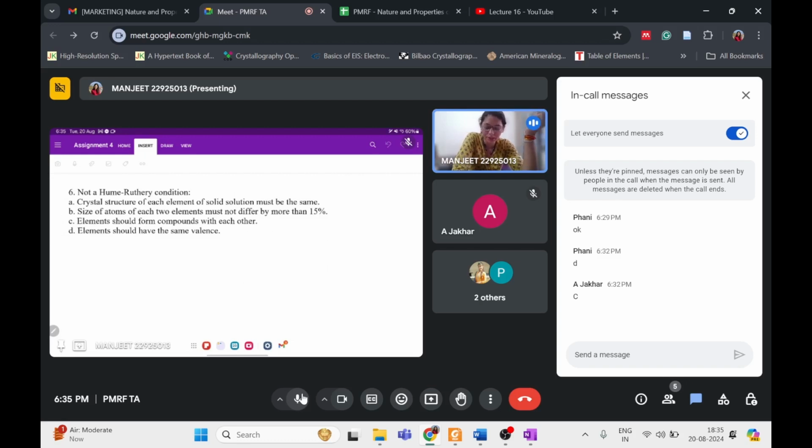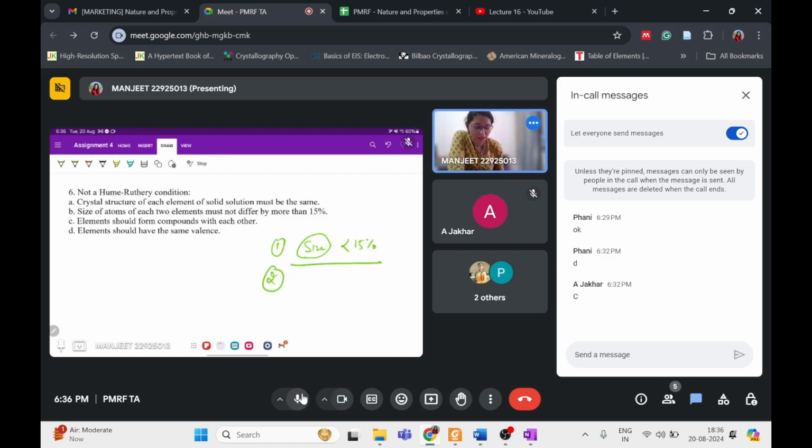What are the Hume-Rothery conditions? As the professor also told you in the class, I am also telling you. One is that the size difference between the two atoms should not be greater than 15%. It should be less than 15%.